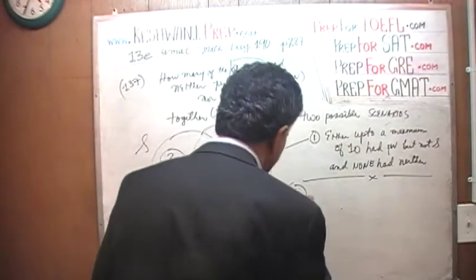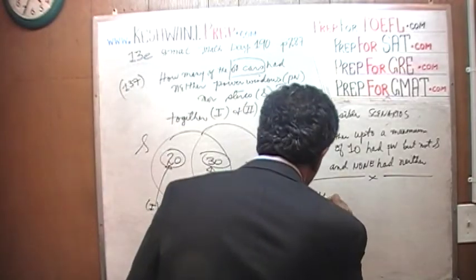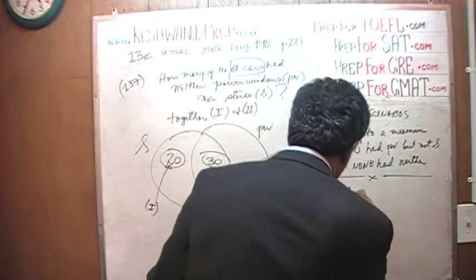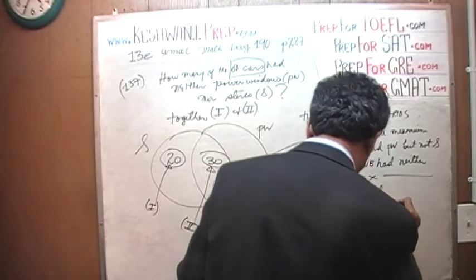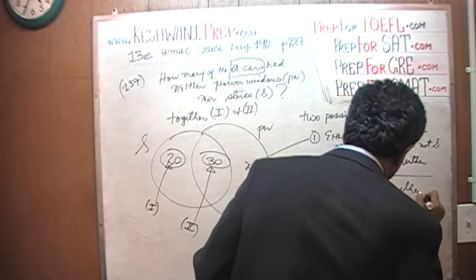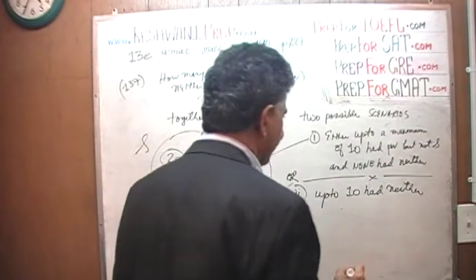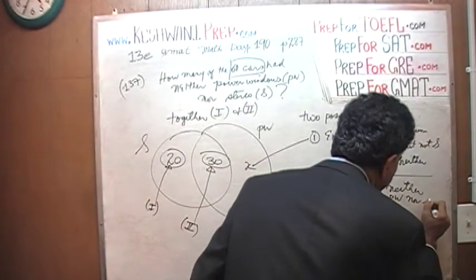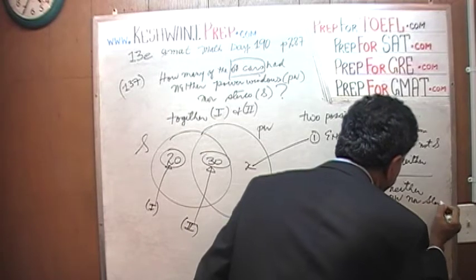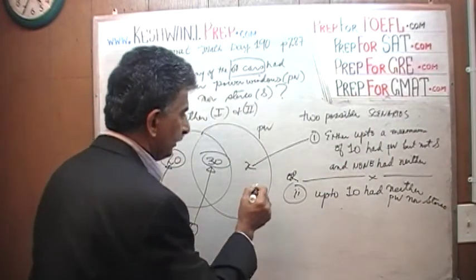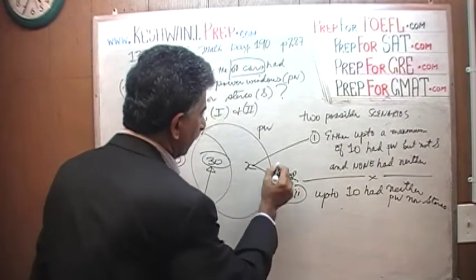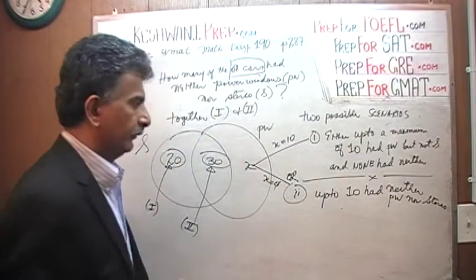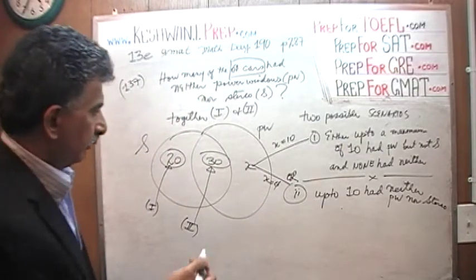Another possibility, scenario number 2, is the or part: up to 10 had neither power window nor stereo. So we're looking at two scenarios. In the first scenario X is equal to 10, in this scenario X is equal to 0. In other words, nothing falls here.